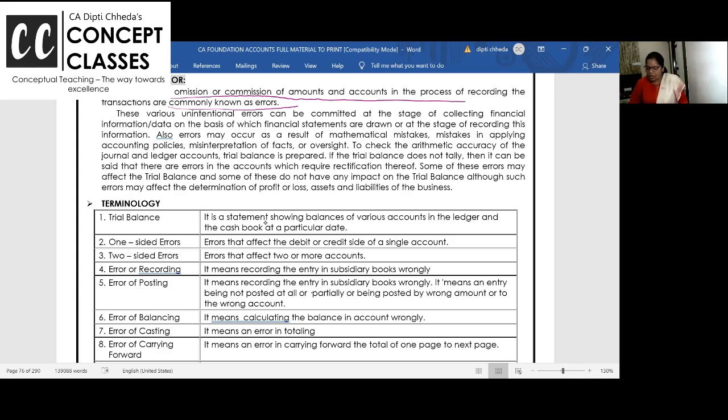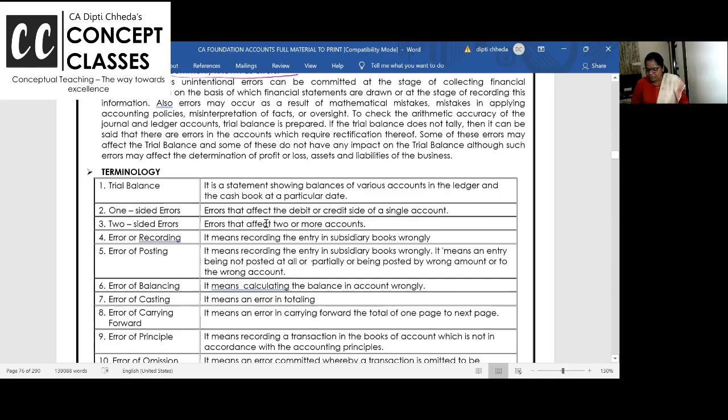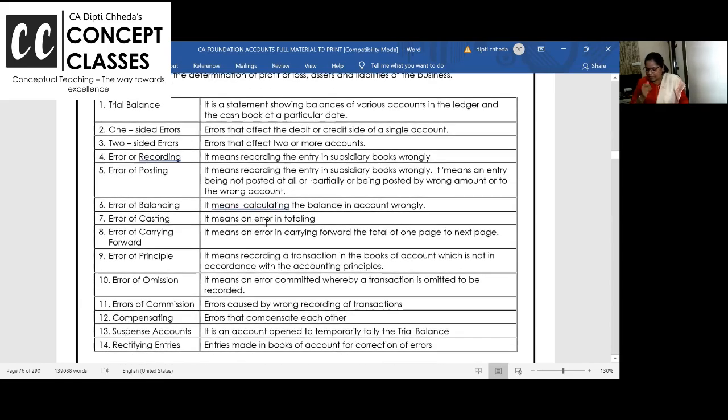I'll show you how these questions are asked in true and false also. I hope all of you know what a trial balance is. All the ledger balances are written on the debit and credit side. One-sided error means it is going to affect only a single account. Purchase posting is done less.